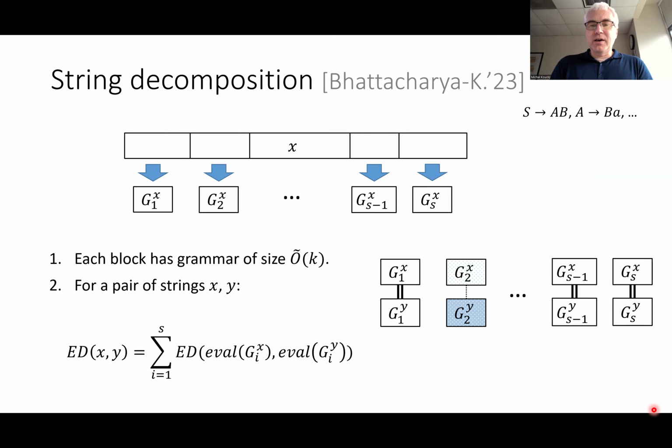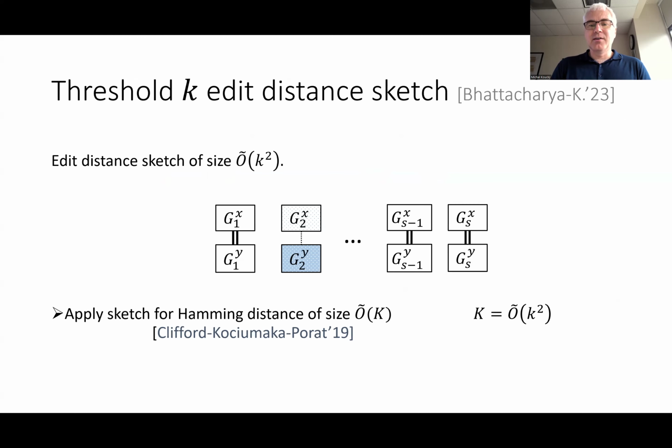Now, once you have this, it's very easy to create a sketch which will have size roughly k squared, and that's exactly what the previous sketch was. This string decomposition transforms the question from edit distance into a question about Hamming distance. Why is that? Because if you look at the grammars from left to right, they are nicely aligned except for these k pairs of grammars which may differ.